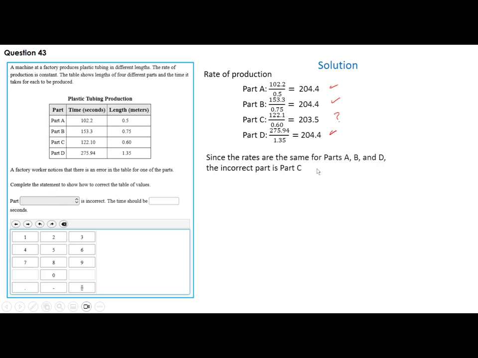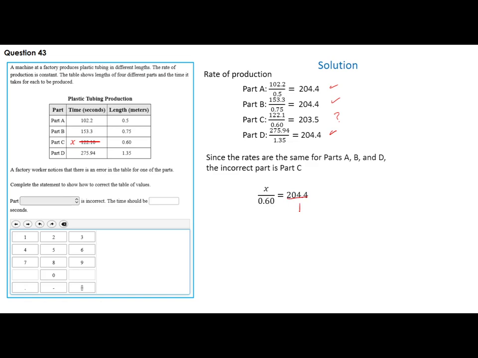Since the rates are the same for part A, B, and D, the incorrect part is part C. So this is incorrect. I'm going to put an X here. So now I want X over 0.60 to be equal to 204.4, similar to the other values.